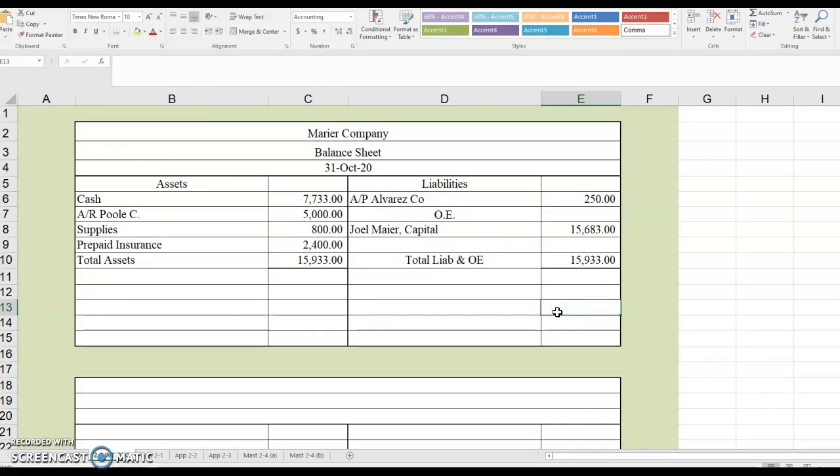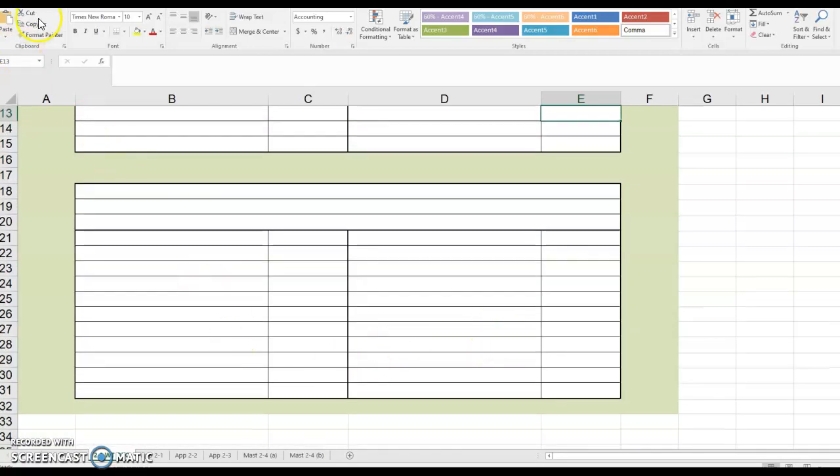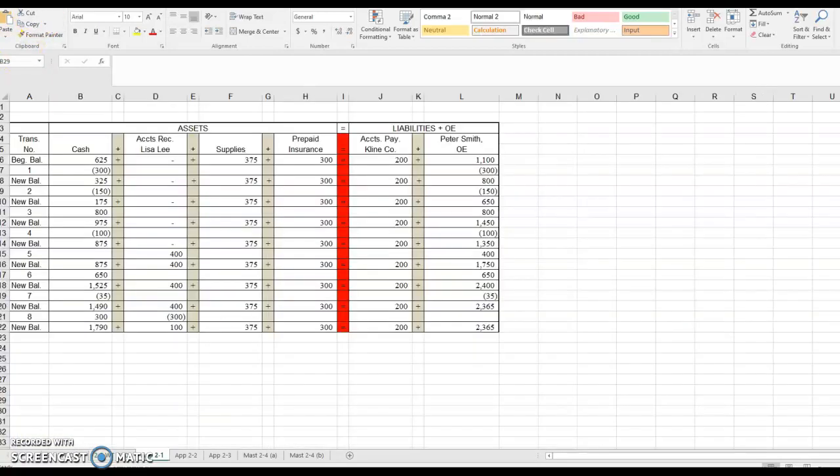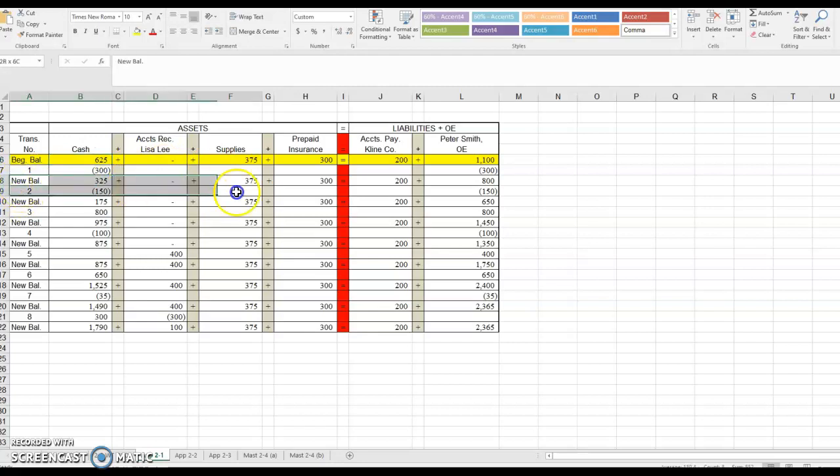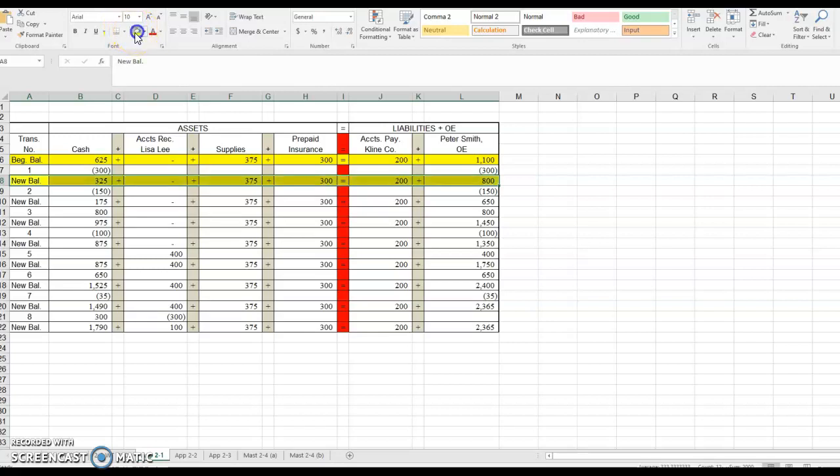You can do the on your own right down below. All right, I normally don't do the application problems with you. They're for you to try to apply what you know, but I just want to remind you, do not put numbers in where it says balance. Those are formulas. You want to leave them alone.